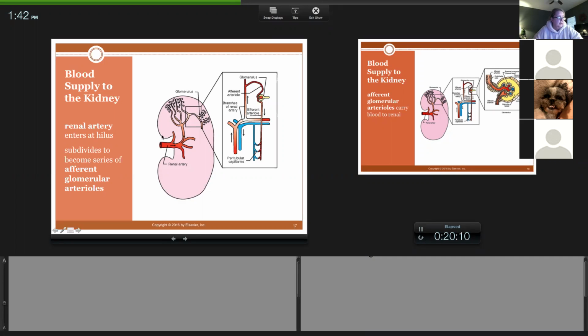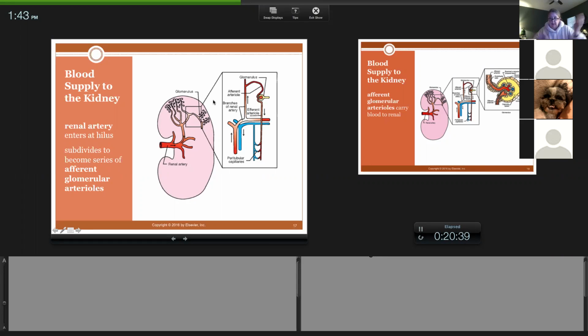So if you look in this picture, here's a renal artery. Here it's branching into a renal arteriole. Then it's going to come up here, and when it comes in, it comes into an afferent arteriole, comes into the glomerulus, and filters its blood. Blood is going to stay in the arteriole. It becomes an efferent arteriole.